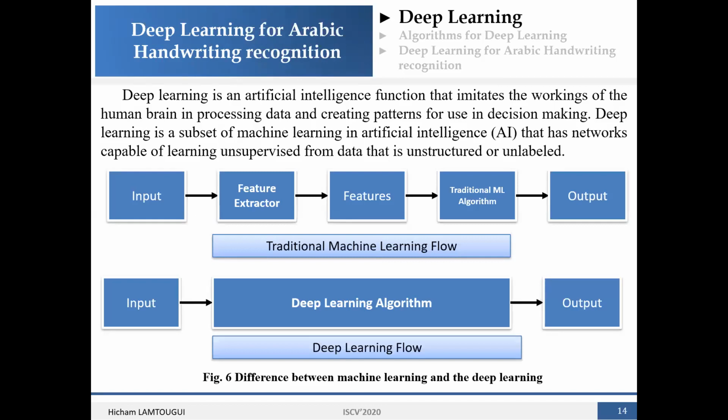The advantage of deep learning over machine learning is the needlessness of feature extraction. The performance of deep learning algorithms tends to improve exponentially when they are given more training data and analysis.